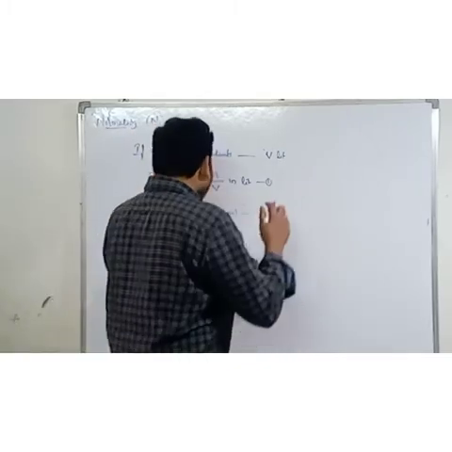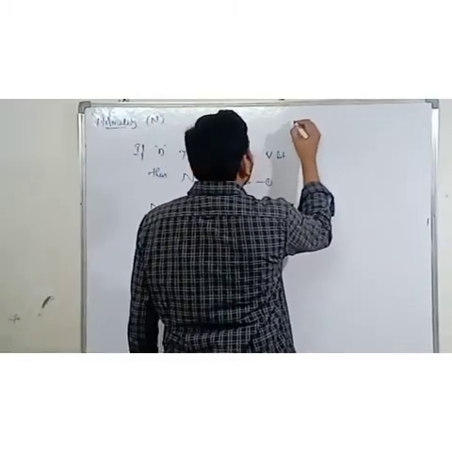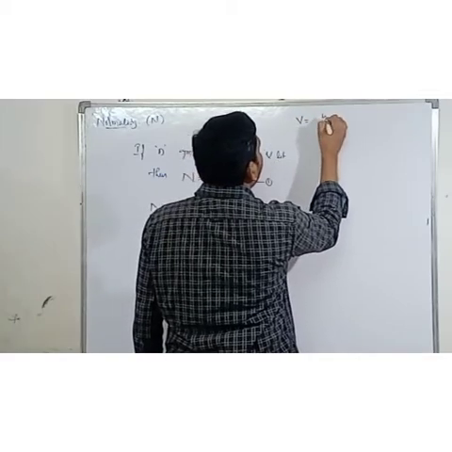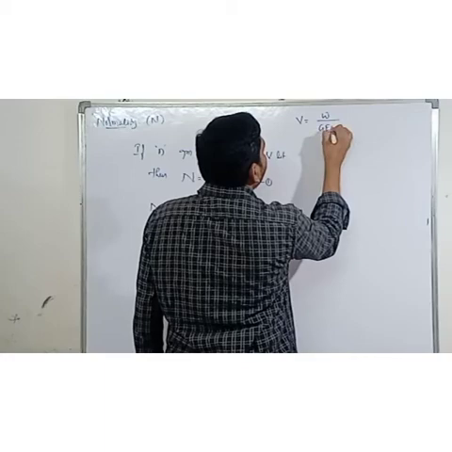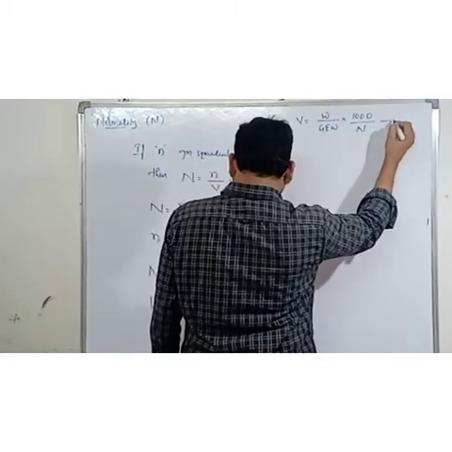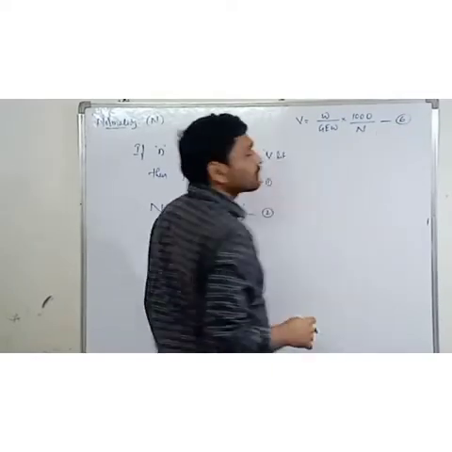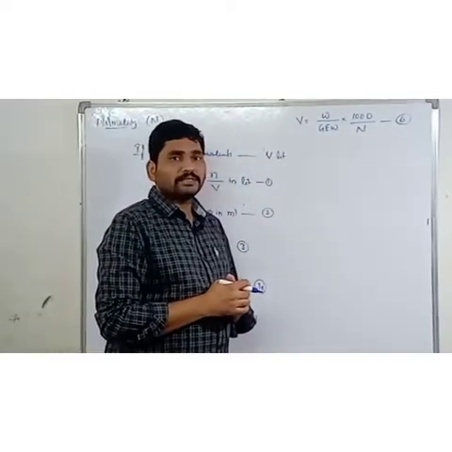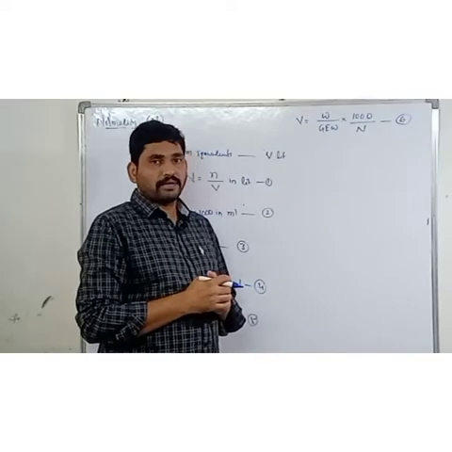Next, if volume is asked, V equal to weight by gram equivalent weight into 1000 by N. It is equation 6.